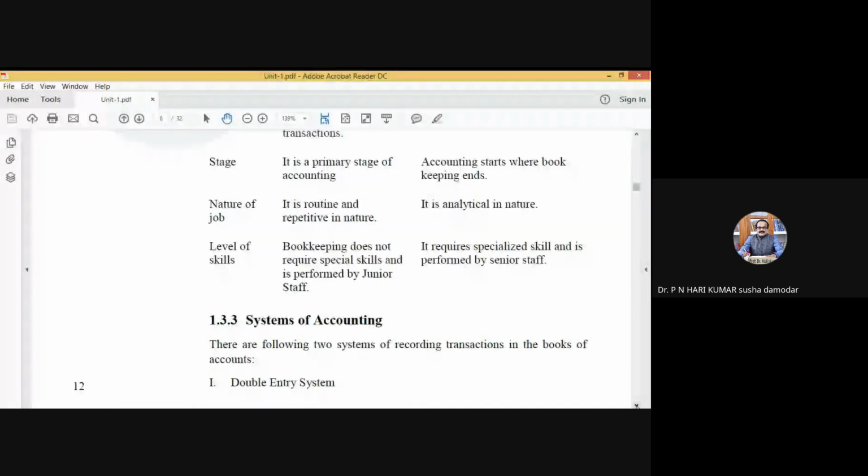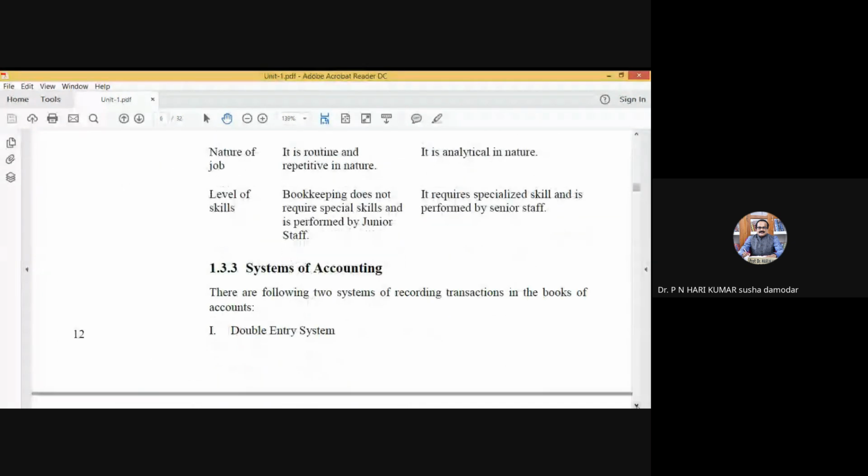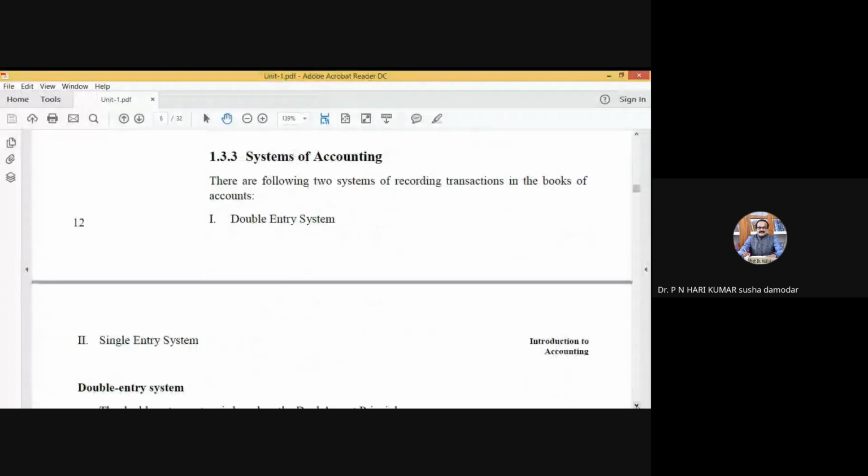Next one, system of accounting. This is very, very important. Double entry system. As per the principles of accounting, every transaction has two aspects. Maybe a receiving aspect or a payment or giving aspect.